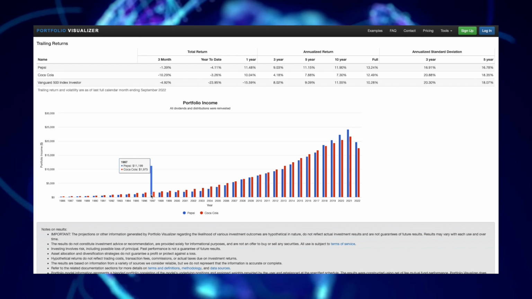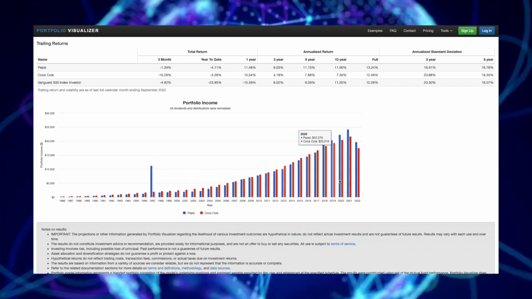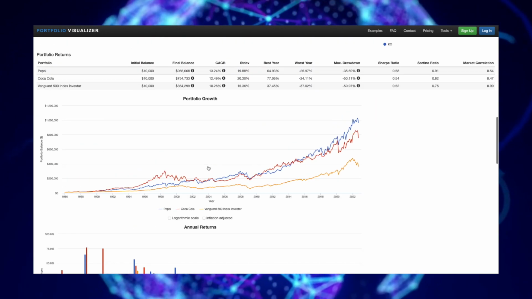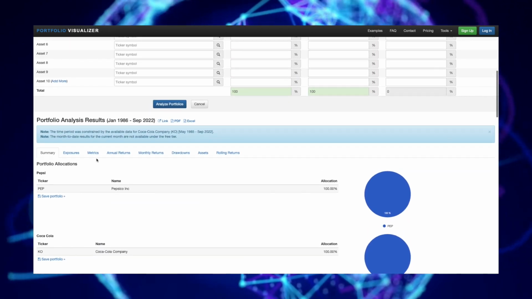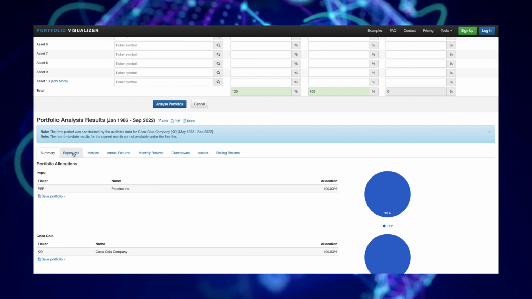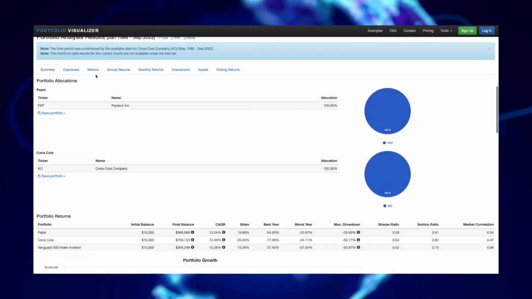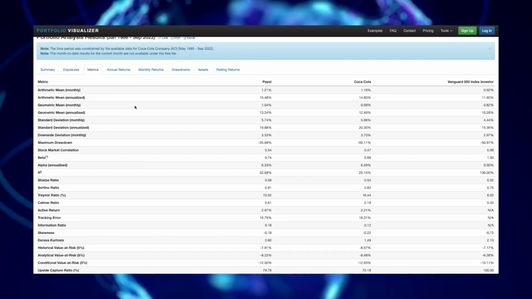And then you can begin to look into some of the other metrics, some of the other things that this portfolio visualizer can do. You can look into what the portfolio is exposed to. It's simple now. It's only stock versus stock. So of course, that's 100% stocks. Then we go to the metric tab. Here we can see everything.